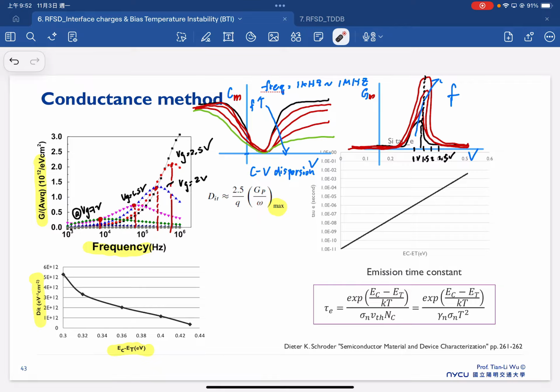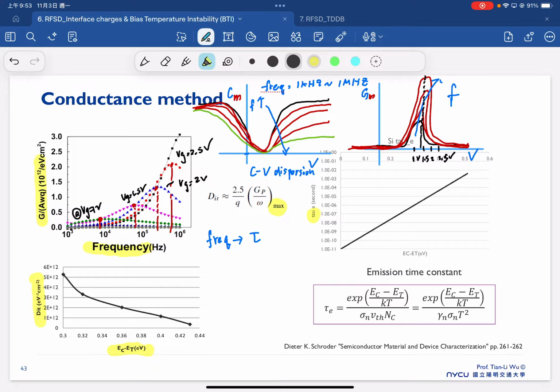Because this one is a frequency, we can convert the frequency to tau, because 1/f is equal to the time here. So we can convert the frequency to tau, which is here.